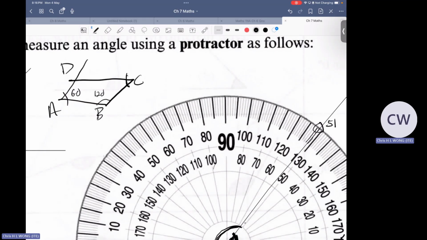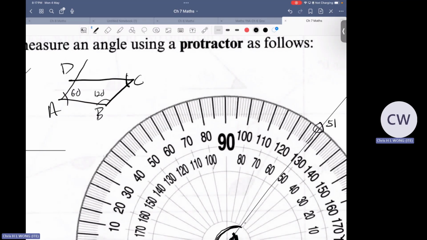What is this? Let's say you don't know how to do it. You cannot take the protractor and go and measure and then tell the examiner. They never ask you to measure. Calculate means calculate. As long as they never ask you to use the protractor to measure, you must calculate. You cannot cheat and put a protractor.